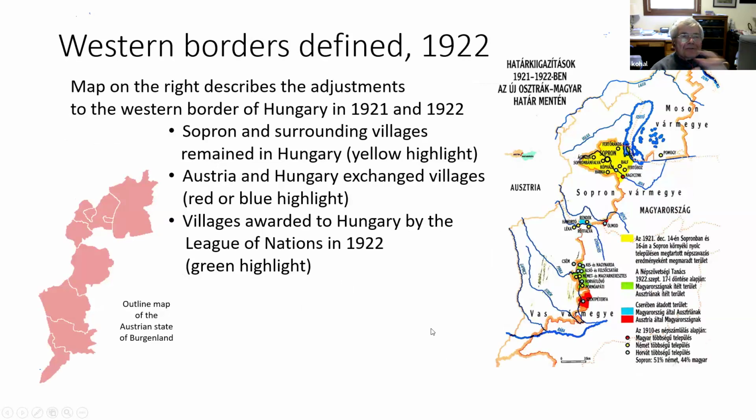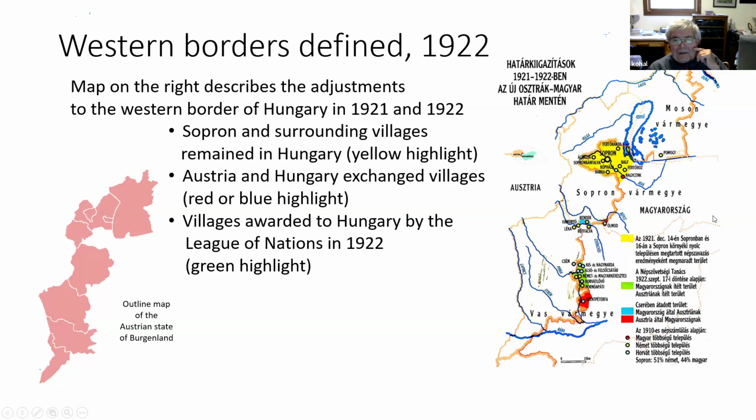And the next slide shows the outline of Burgenland as we know it, and the rather complex border adjustments that were done to that particular area. Now here in the yellow is Sopron and the surrounding villages that stayed in Hungary.